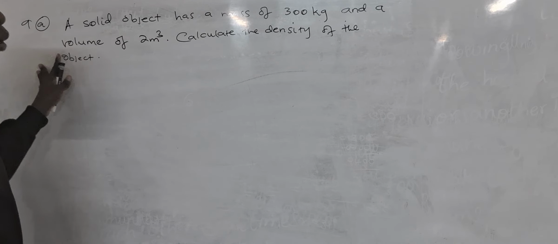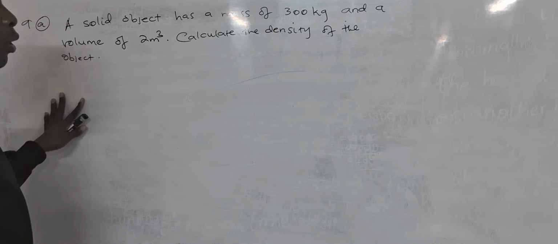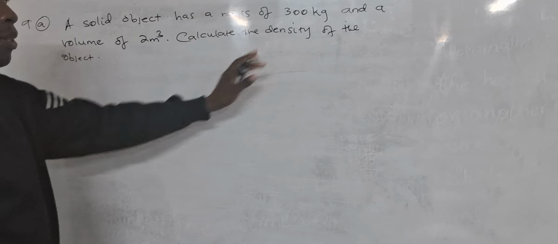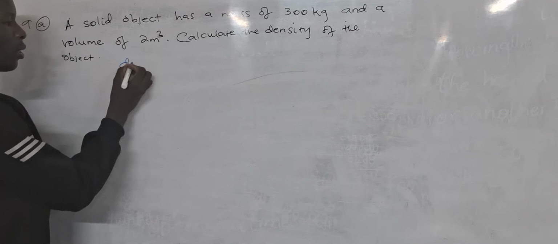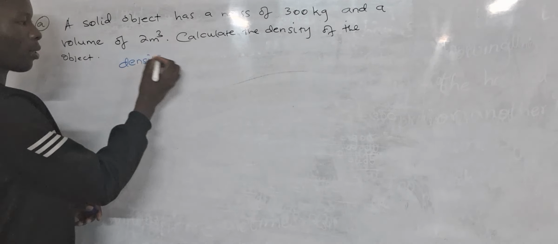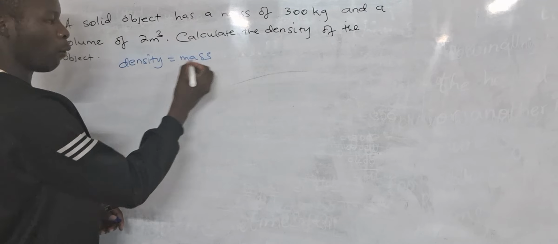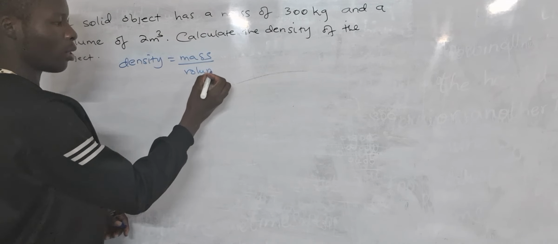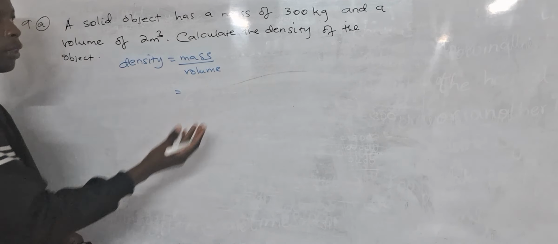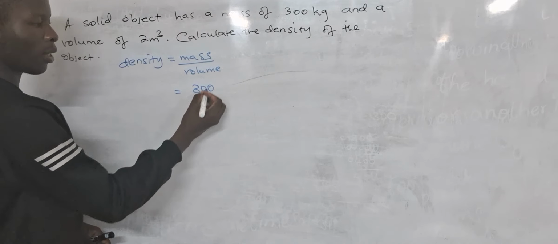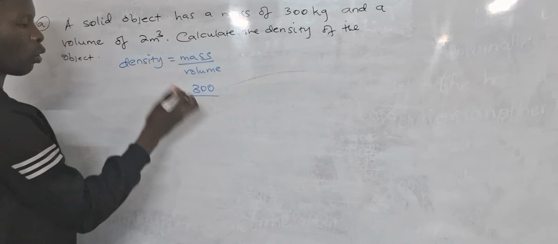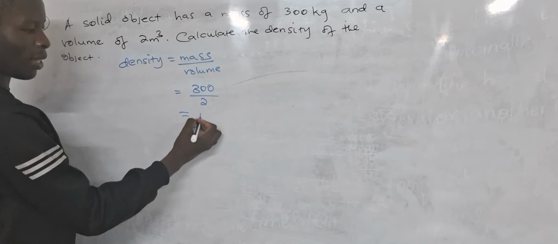There is no way you can solve this question if you don't know the formula to calculate the density. So density is equal to mass over volume. The mass is given, which is 300, over the volume is 2. So what is the answer?